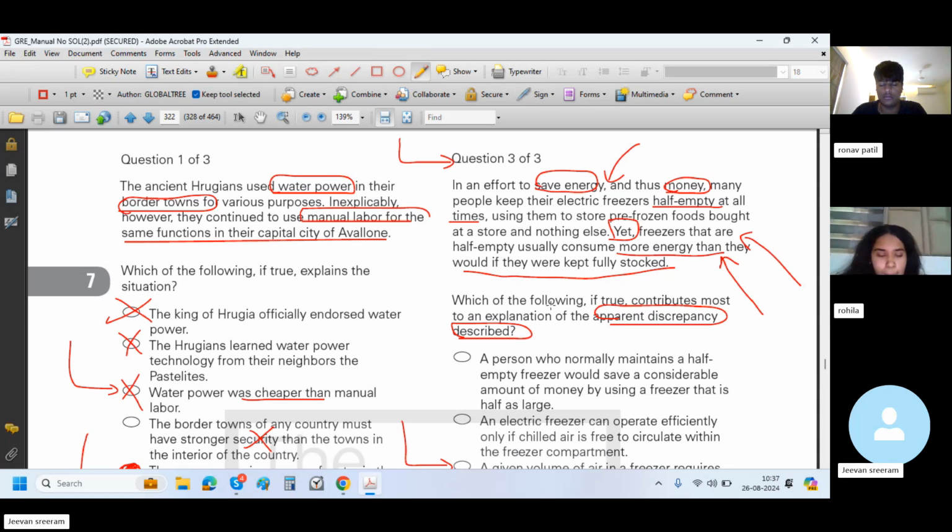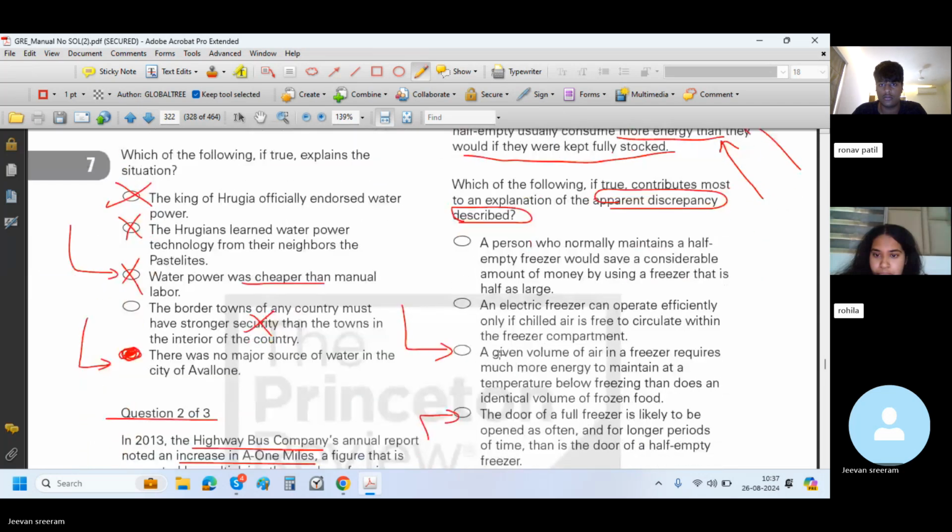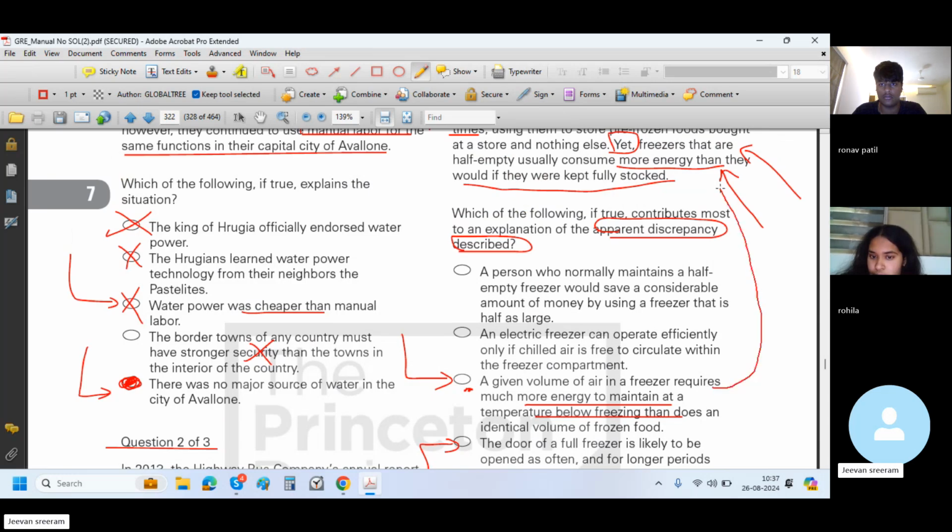So the right option must support this one, right, buddy? Yes. So option C: a given volume of air in a freezer requires much more energy to maintain at a temperature below freezing than the same volume of food frozen. If this is true, this is actually correct.